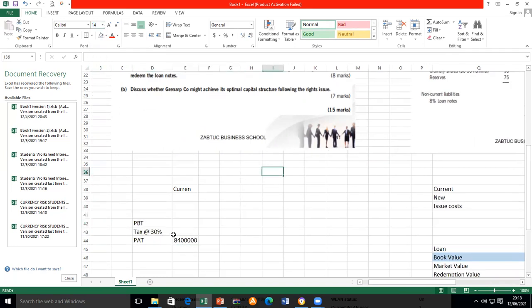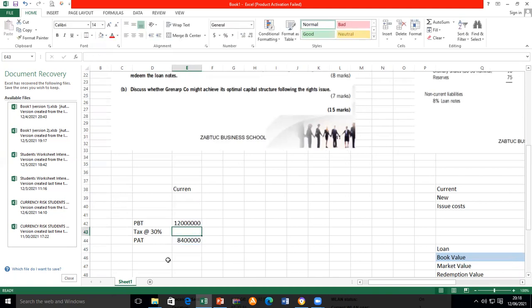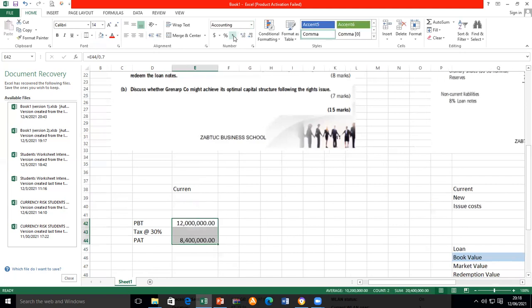This figure is after 30%. So let's gross it up. What was the figure here? Divide by 0.7. So this was the figure before. I divided by 0.7.